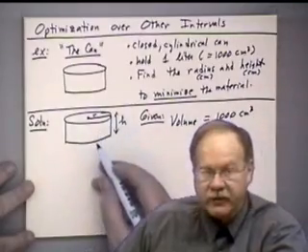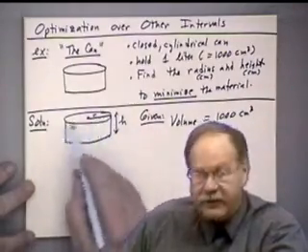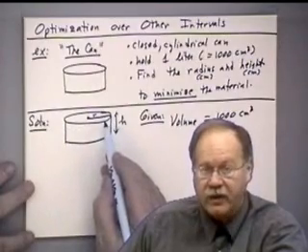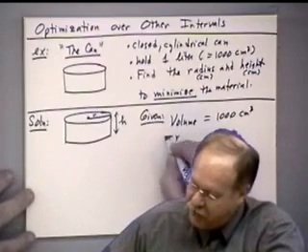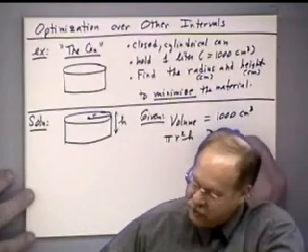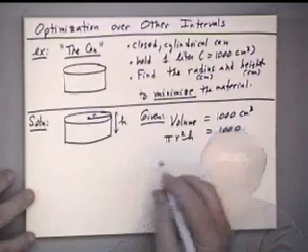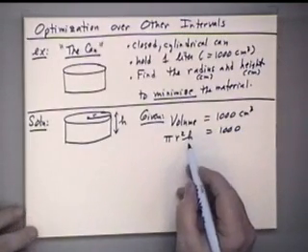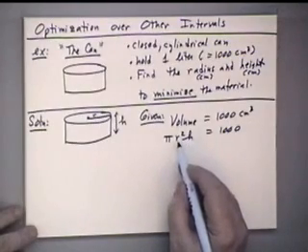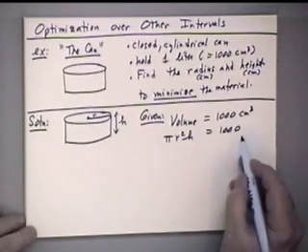Now the volume of a cylinder is the cross-sectional area at the top, which is a circle, so that's pi r squared, times the height of the cylinder. So that's pi r squared times the height h equals 1,000. Now I'm going to solve here for h only because h is the only variable that is simple. r is squared here, and if I were to solve for r, I'd get a square root.